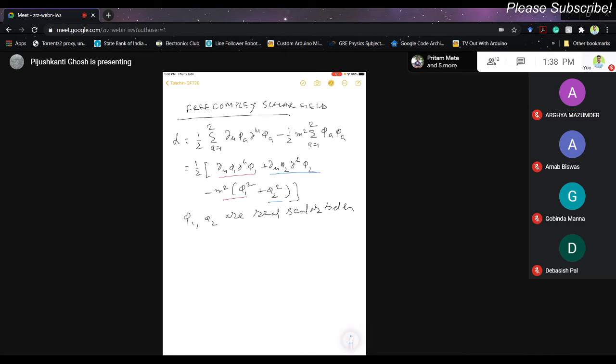Okay, we know how to quantize a single real scalar field. We'll be using the same technique to quantize this complex scalar field. Okay, you can do. You know how to quantize a single real scalar field. So you quantize separately phi 1, you quantize separately phi 2.